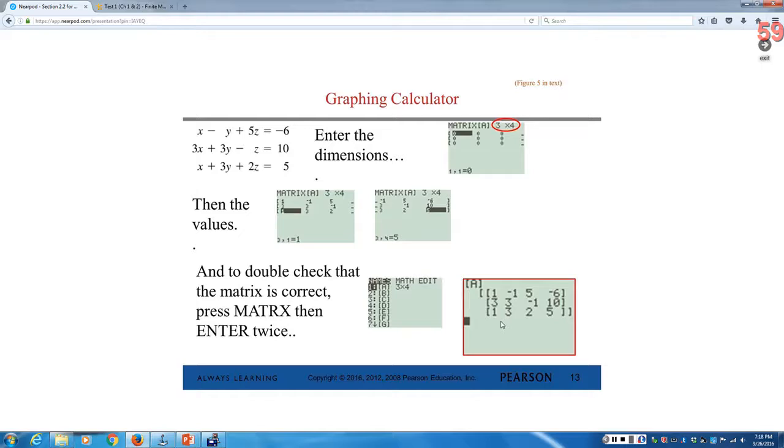Yours doesn't necessarily have the X. The X is on the 83, but you just hit a 3 enter. That needs to be 3. And then the other number, just arrow over, needs to be 4.